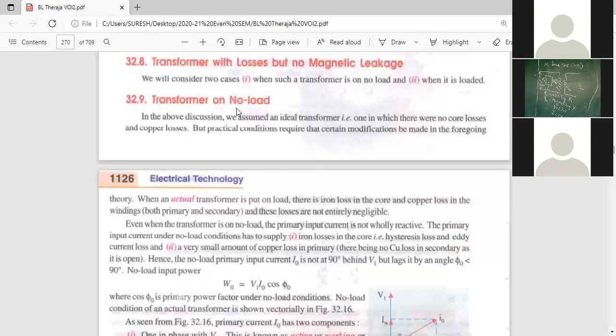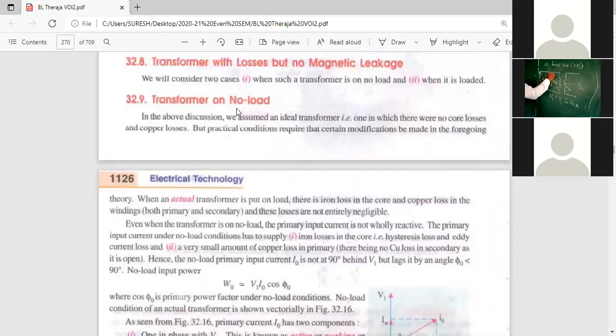What is that iron loss? See here. Iron loss W1 is equal to V1 I naught. Your current is 0 here, but some leakage current, a very small amount of current, will flow in the core.